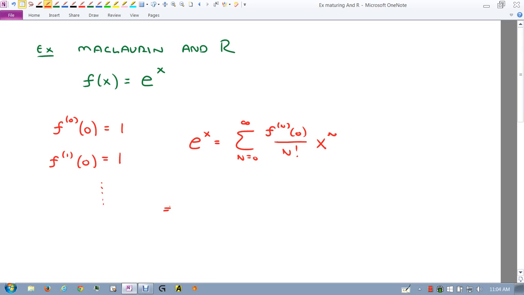And if all of these guys are 1s, then it's just going to be 1 over 0 factorial x to the 0 plus 1 over 1 factorial x to the 1 plus 1 over 2 factorial x to the 2 plus 1 over 3 factorial x to the 3 plus and so on.